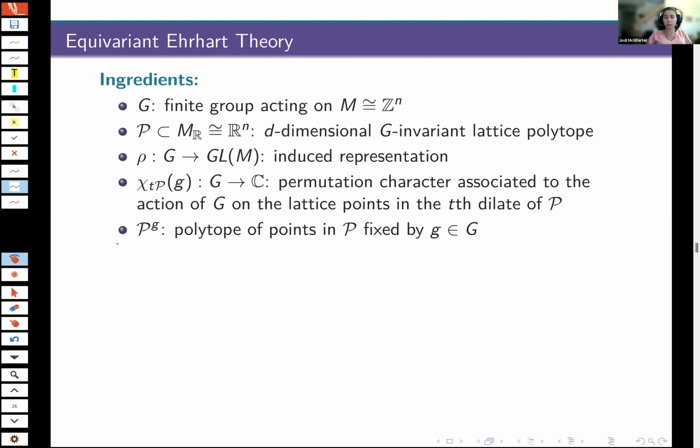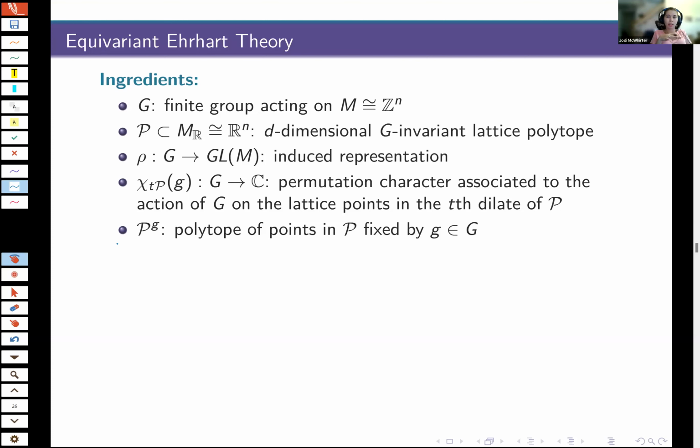Ours are actually centrally symmetric, but we're not going to be looking at the Z2 action. We're going to be looking at an S_n action on our polytopes. So you start out with this action that fixes the polytope. Then you look at each of the individual group elements and say, okay, if I apply this group element, some of the points in the polytope are going to be fixed and some of them are going to be switched around.